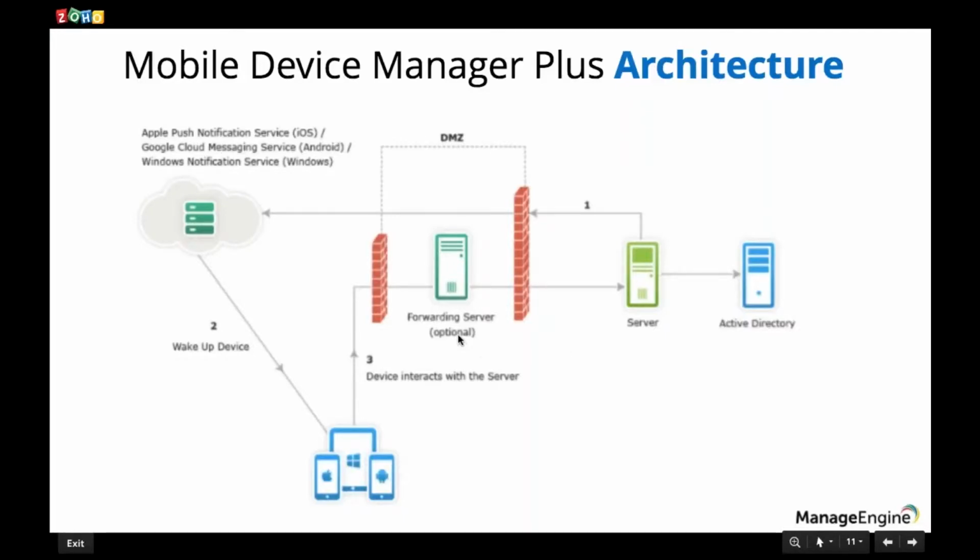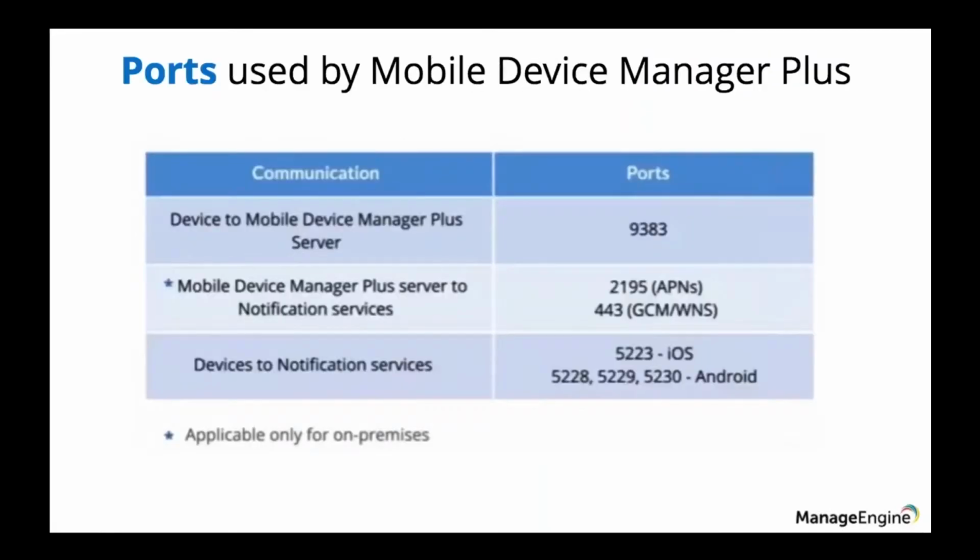This forwarding server acts as an intermediary between the server and the internet and is the one that is exposed. If you're using the cloud version of Mobile Device Manager Plus, you do not need to worry about any of these settings.